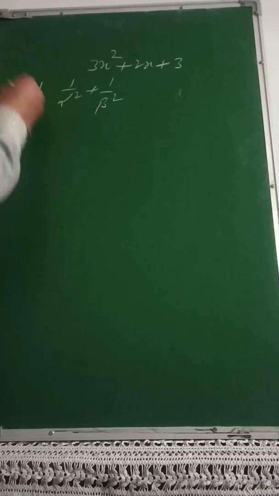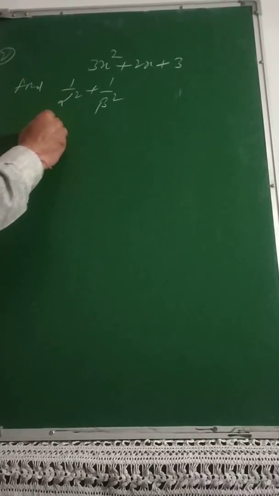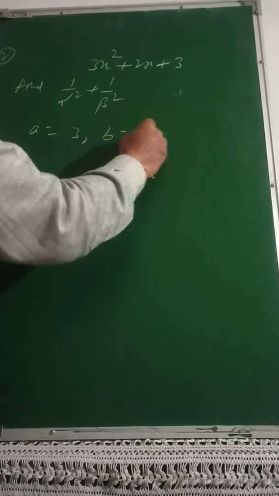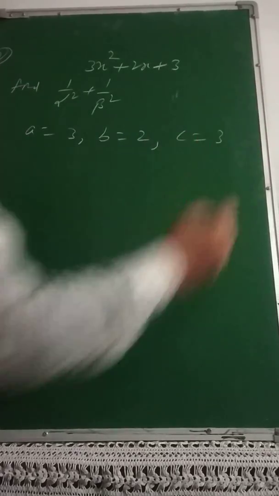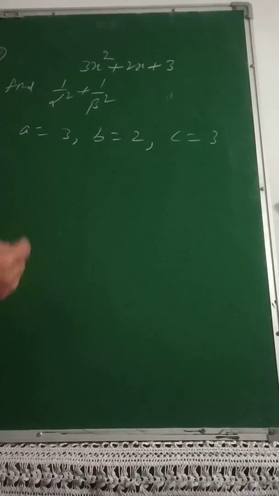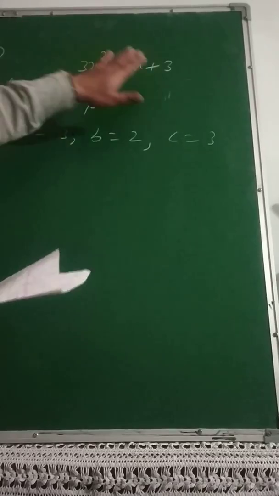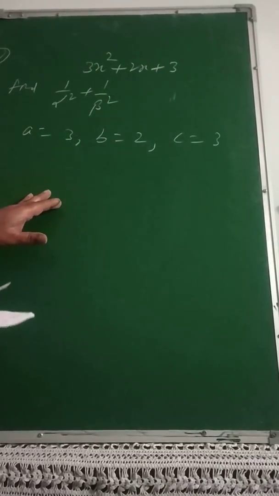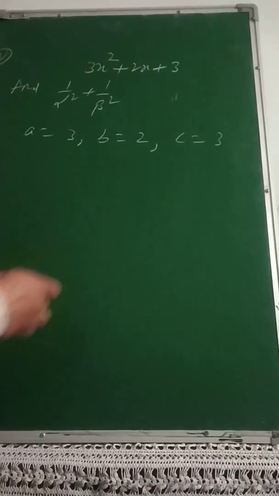As you know, A here is 3, B is 2, C is equal to 3. So I told you most of the time these questions are based upon the sum of the zeros and product of the zeros.